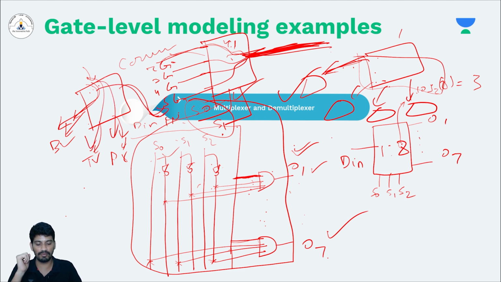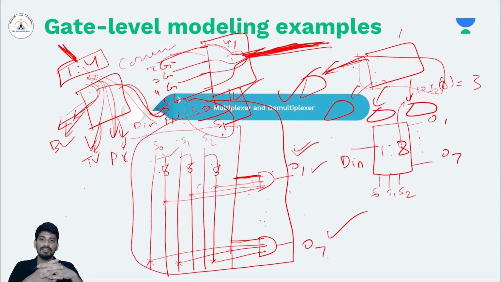In this case, you will require a demultiplexer, because you have only one source coming from the computer, and you need to demultiplex it to four different destinations. So these are the applications of multiplexers and demultiplexers, and we'll see the coding of these in the live session.